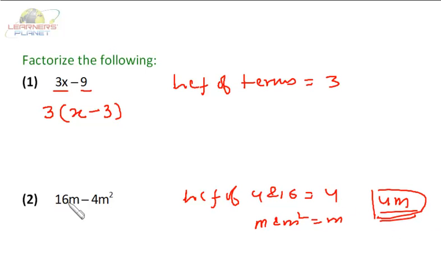Okay, now we can take 4m as common. Then in the next step we have to divide each term by HCF. So 16m by 4m we will be getting 4. Then 4m square by 4m will be getting m. So this is the factorization of 16m minus 4m square. That is 4m into 4 minus m. Okay. Let's take more problems.